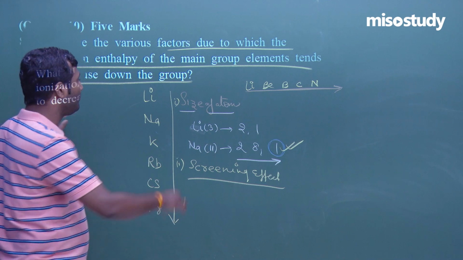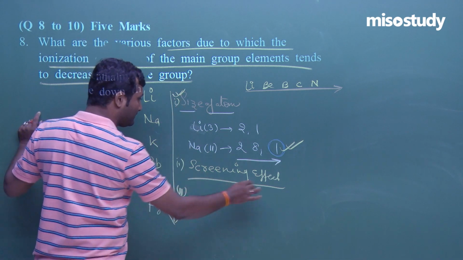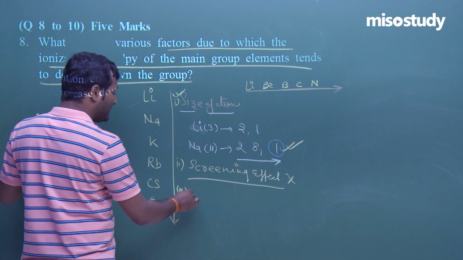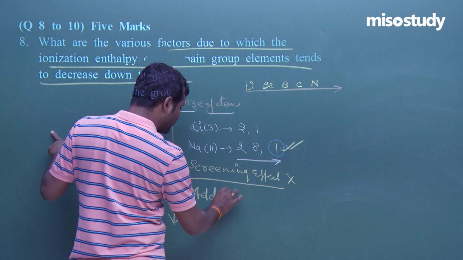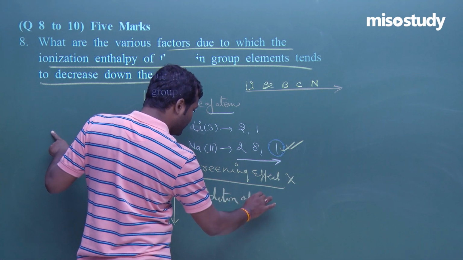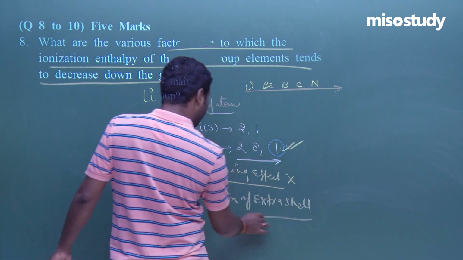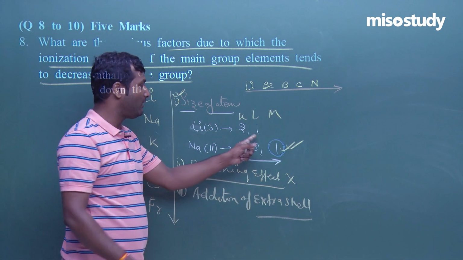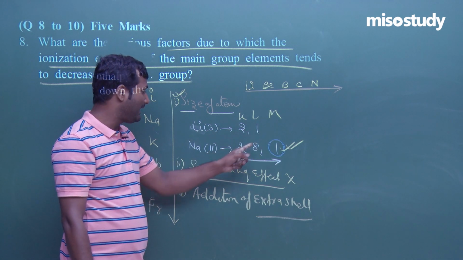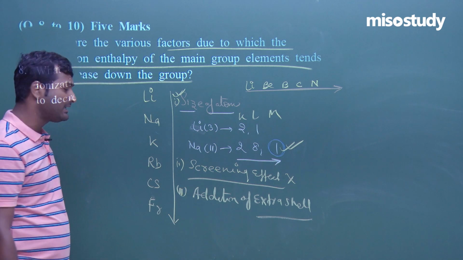But down the group, it is not completely dominant. Second one is the addition of an extra shell, clear to you? That is, this is K, this is L and this is M. In Li only K and L, but in Na, K, L, M. So addition of an extra shell takes place.